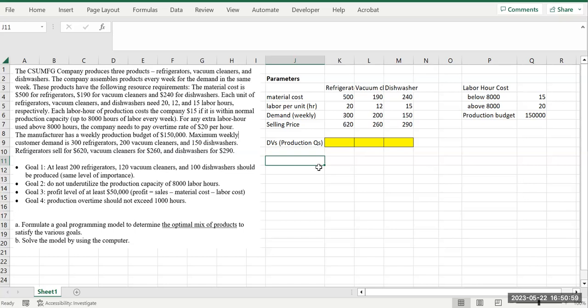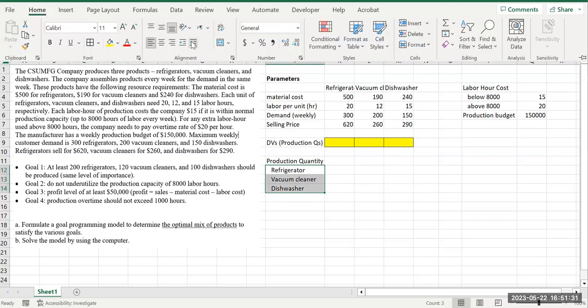So for the amount of production, let me take each one of these. That would be the demand goal, or production quantity goal, but it involves demand. So that is the first one.